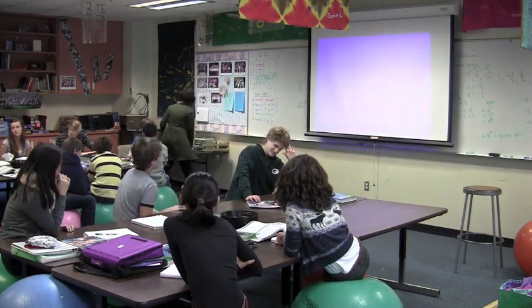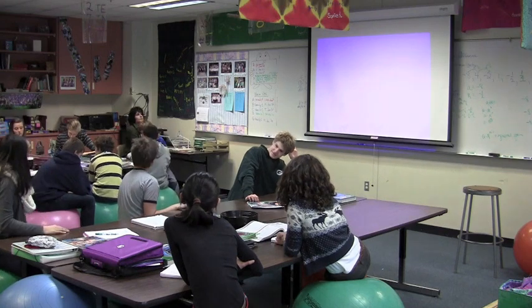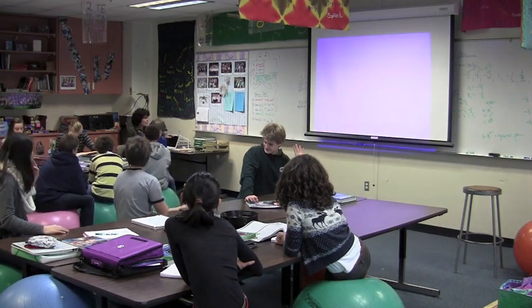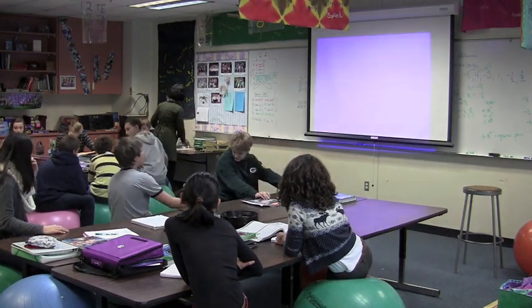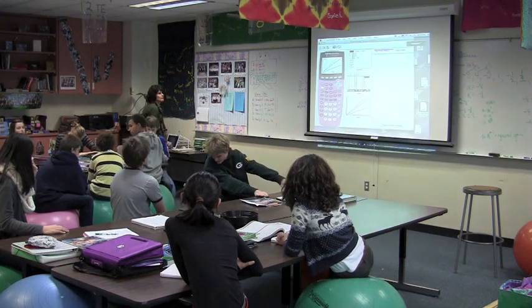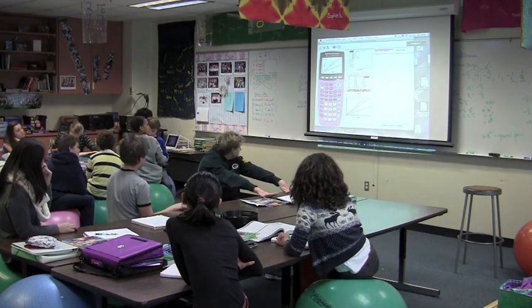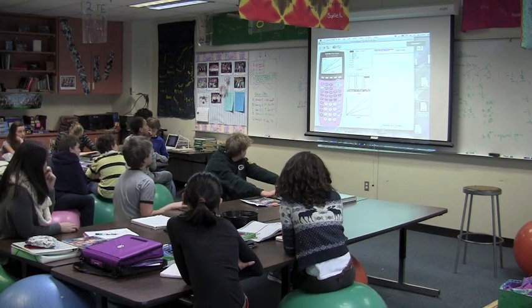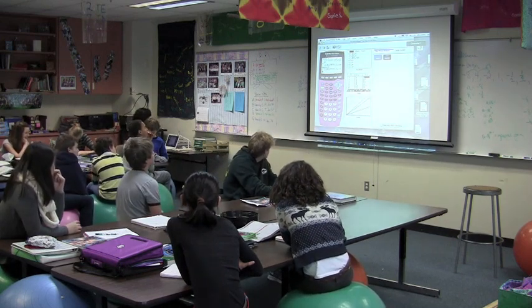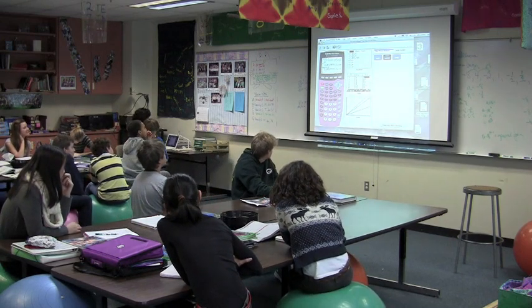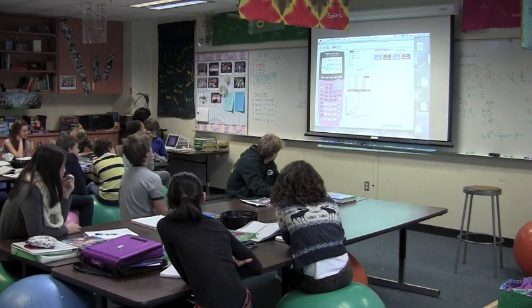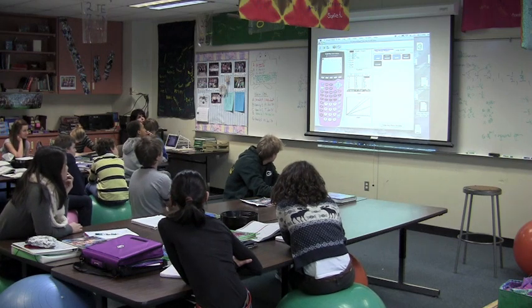Okay, so here we go. I need to get rid of what I was doing with algebra 1. I'm going to hit clear so we get a nice clean screen. What was our formula?